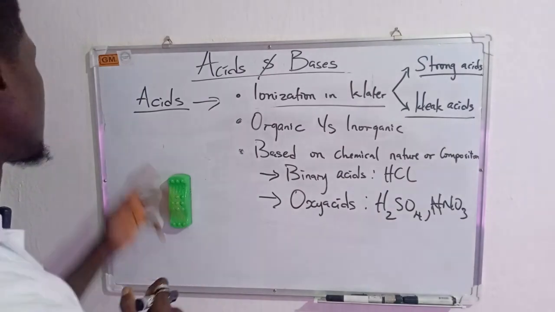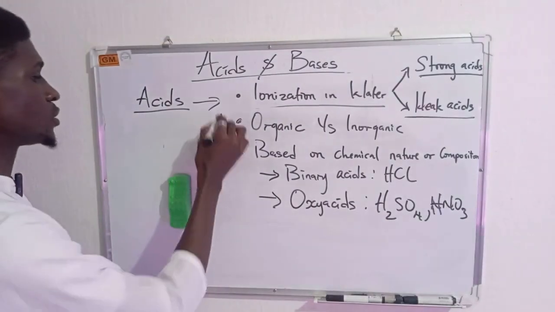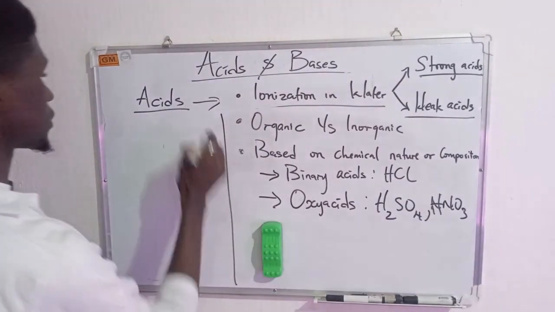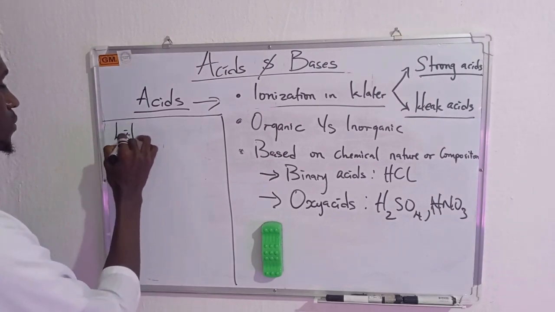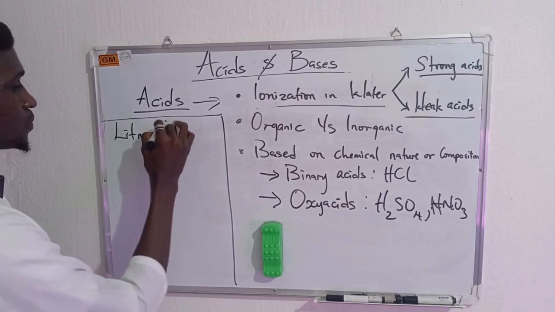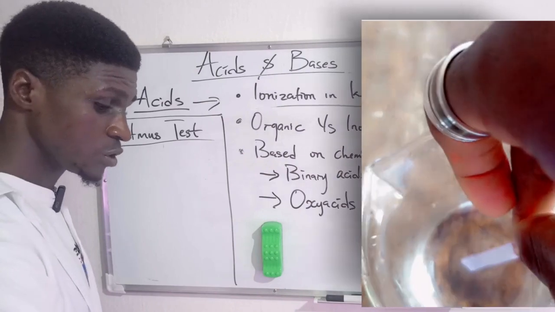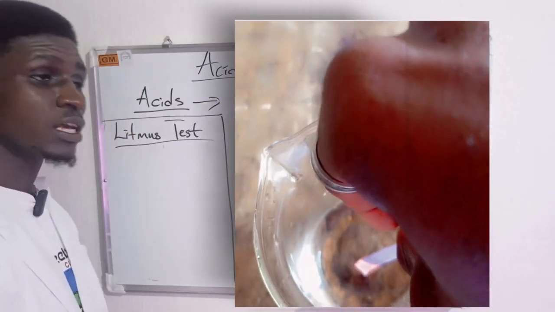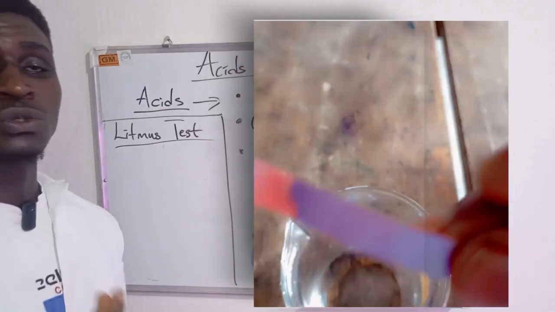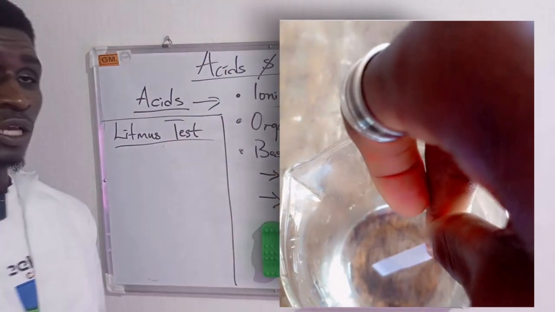Now when you want to test for acid, we can test using litmus paper. When you dip your blue litmus paper in a liquid substance and the color changes to red, it indicates the presence of acid.